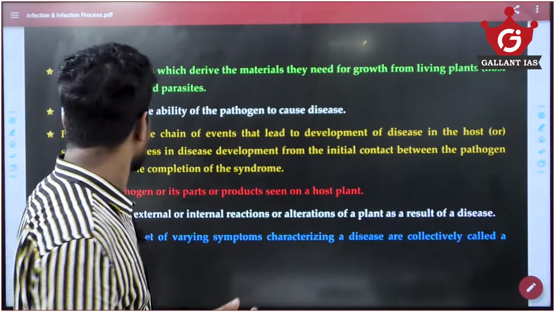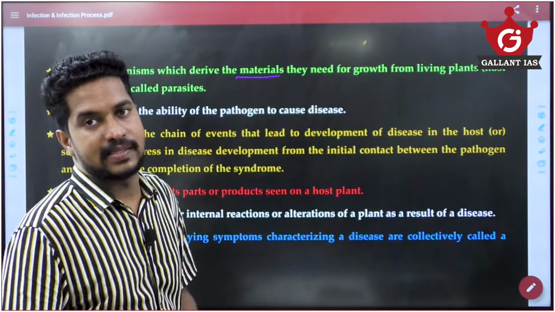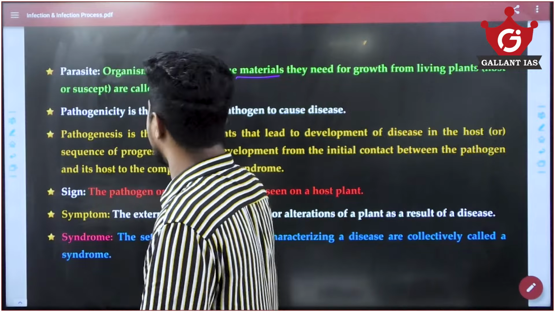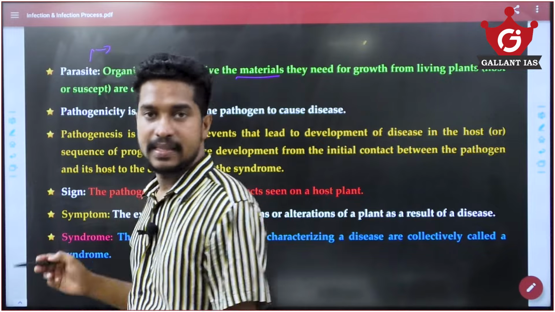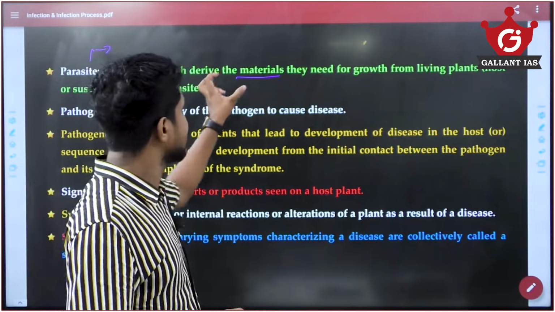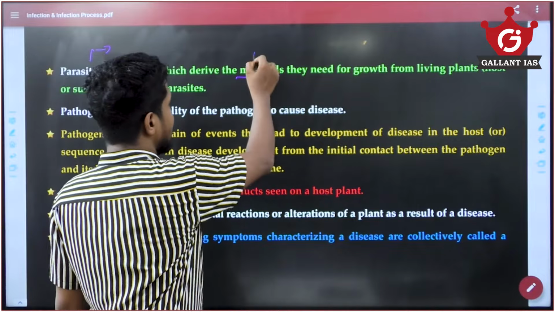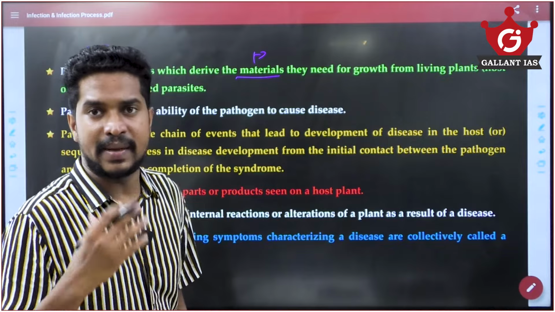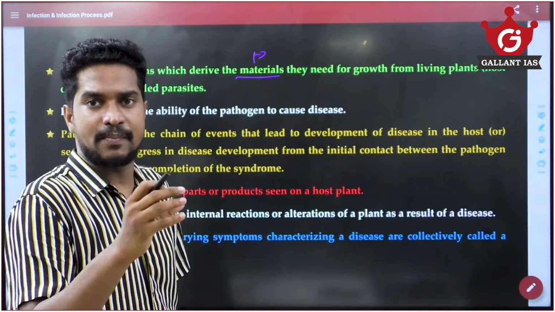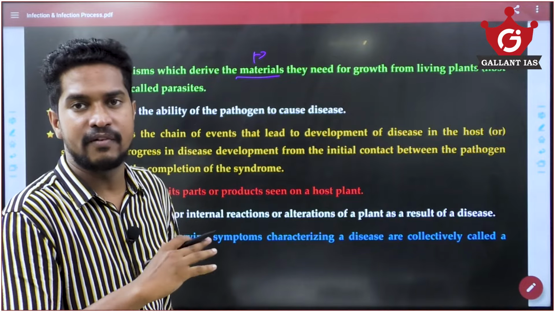Parasite: organisms which derive materials. Parasites mainly depend on other organisms. The materials are those they need for their growth and development, so they depend on other organisms for food and nutrition.